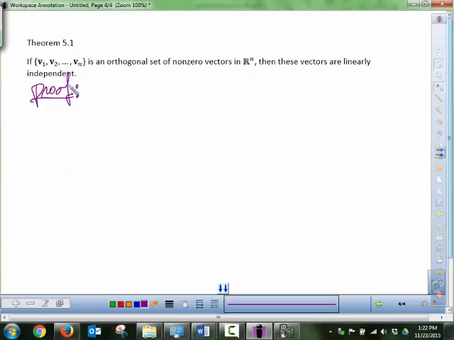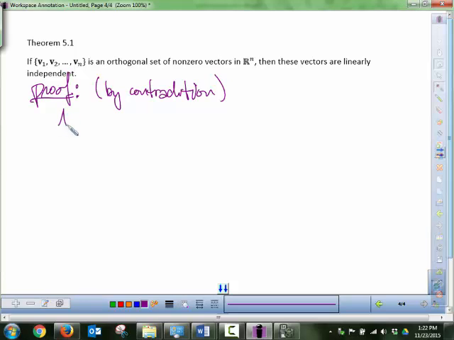So for the proof, let's be specific here. This is a proof by contradiction. So what we're going to do is assume that you have an orthogonal set of vectors, v1 through vn. It's orthogonal. Then the conclusion for the theorem says that these vectors are linearly independent. So that's where we're going to do our contradiction part.